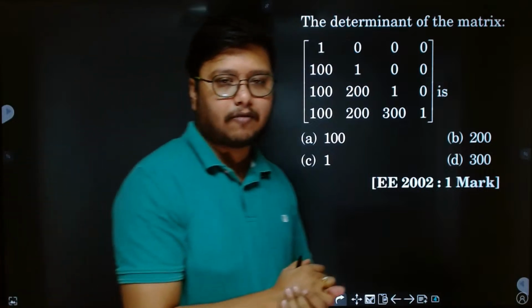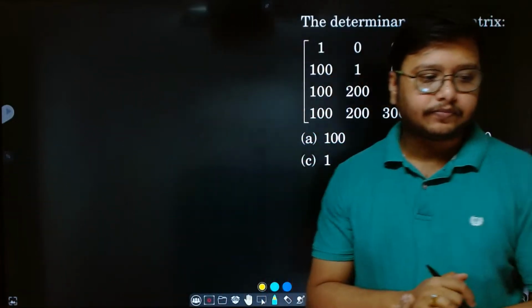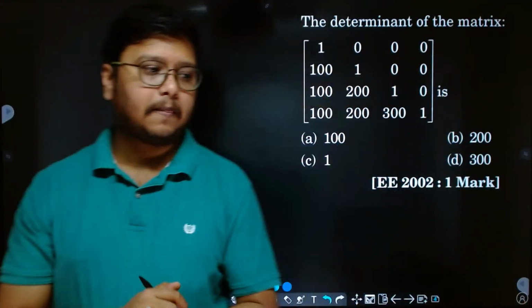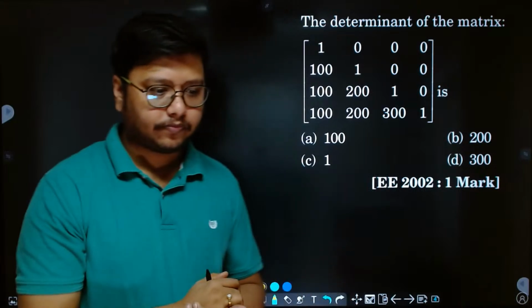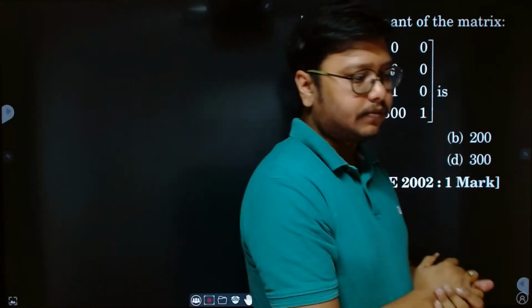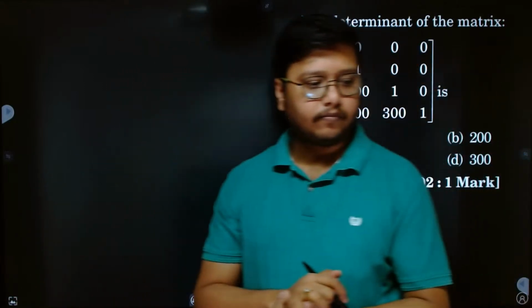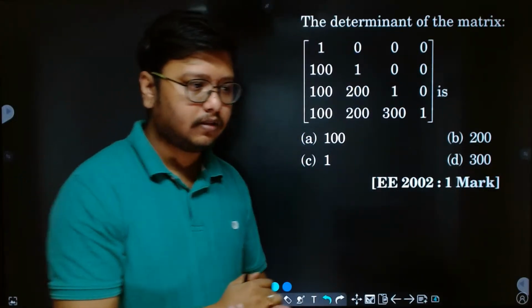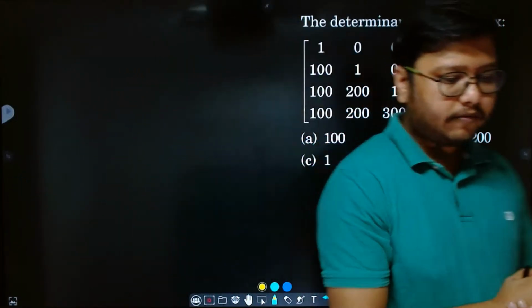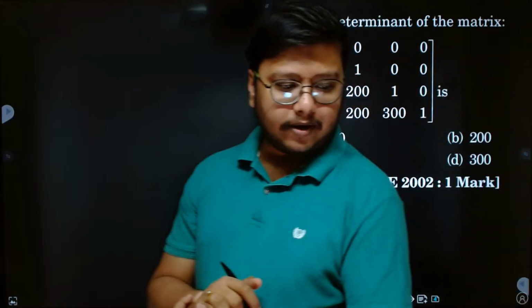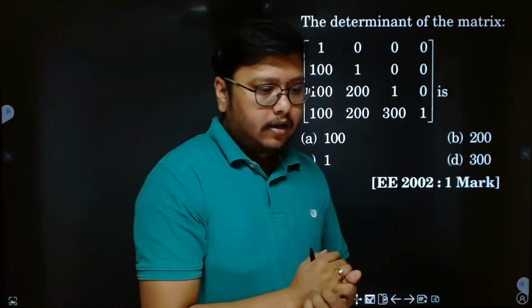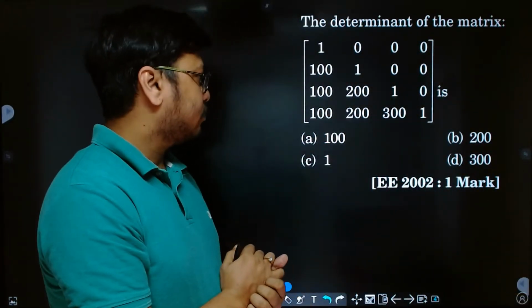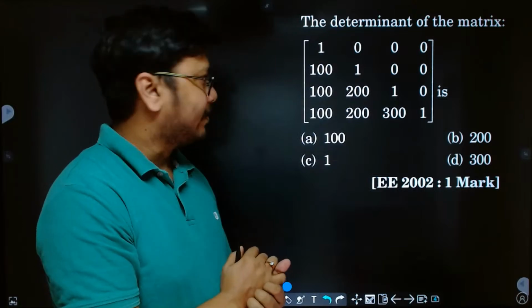What property are we using? Yes, lower triangular matrix. Correct.